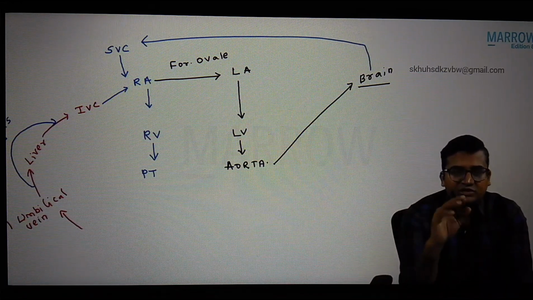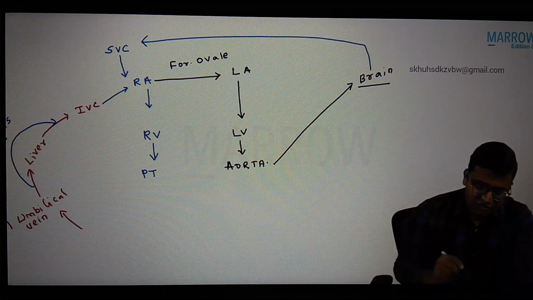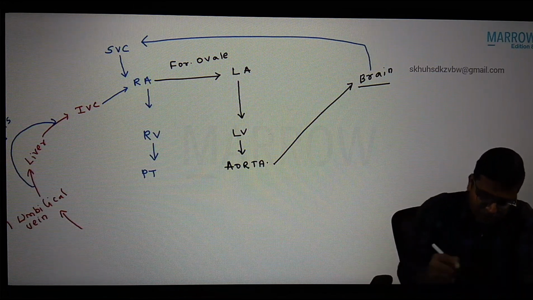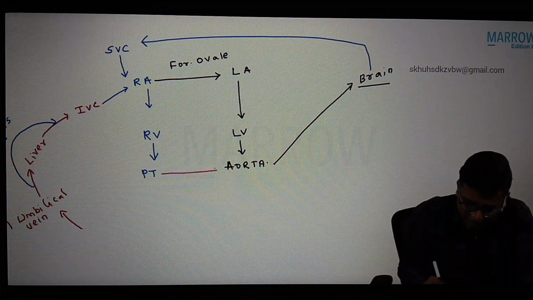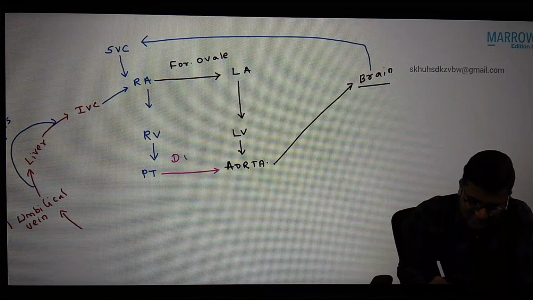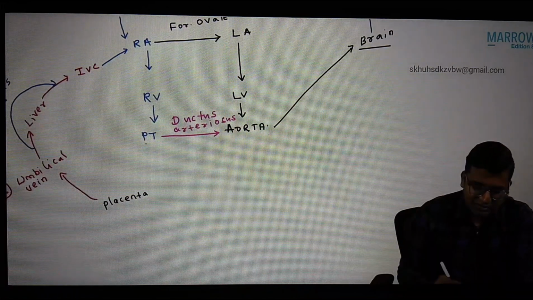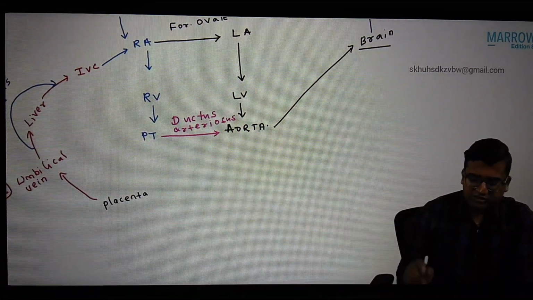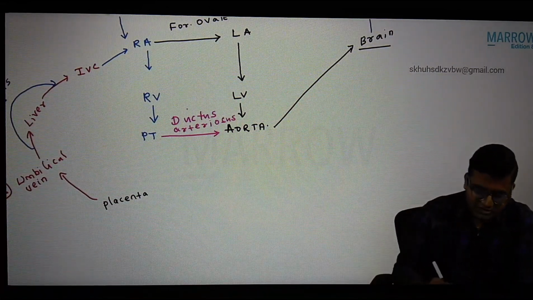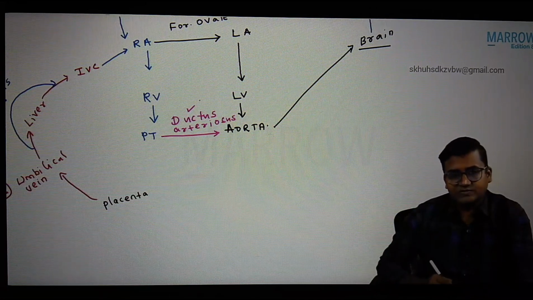The lungs will start their function only after the birth of the baby. So from the pulmonary trunk, we have a shunt to the aorta. That shunt is called the ductus arteriosus. So blood from the pulmonary trunk goes to the aorta via this shunt, the ductus arteriosus.